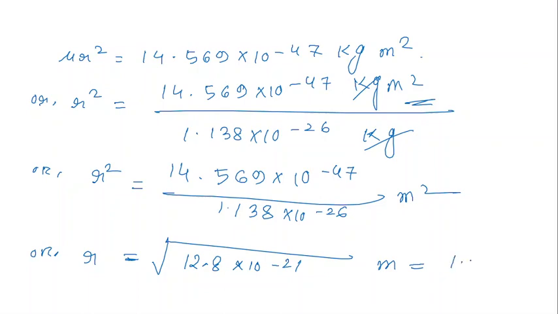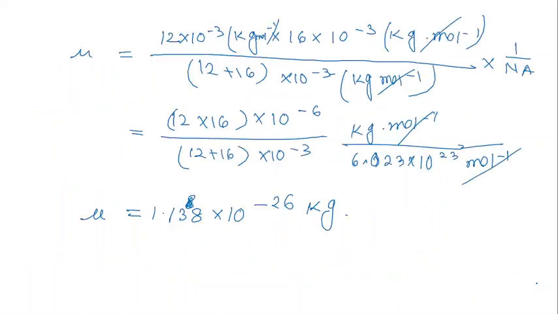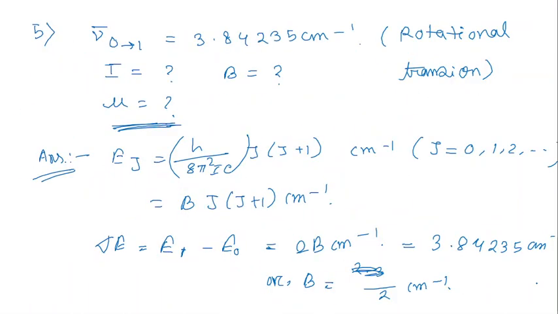I got it 1.13 into 10 to the minus 10 meter. Here this is the value of R, in meter. Root over it you are doing, so it will give meter. R also calculated, mu also, all the things we calculated.